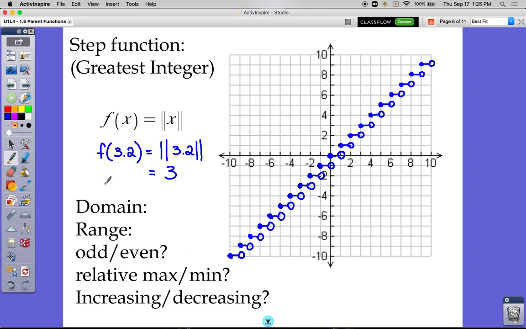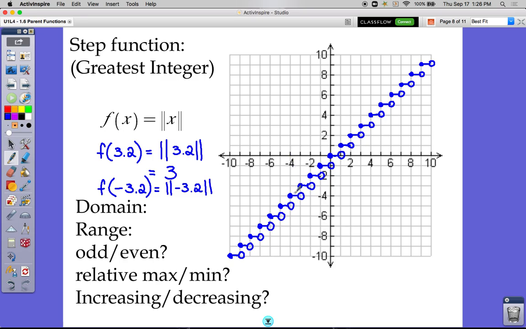However, when it comes to negative 3.2, let's say we're underground. What is the greatest integer you've gotten to at negative 3.2? Well, you almost want to say negative 3, right? But this is not absolute value. If I'm at negative 3.2, that means that I'm right in here between negative 4 and negative 3.